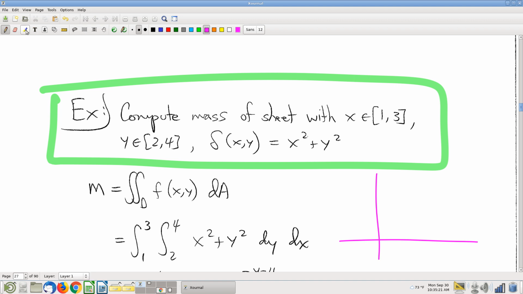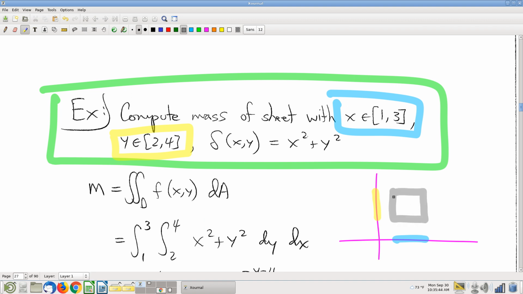My rectangle has X going from 1 to 3, and then it has Y going from 2 to 4. So my total overall rectangle is sitting there like this.